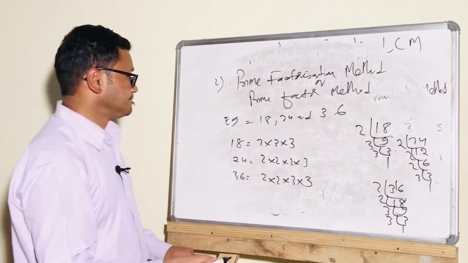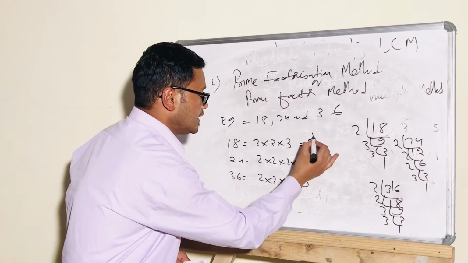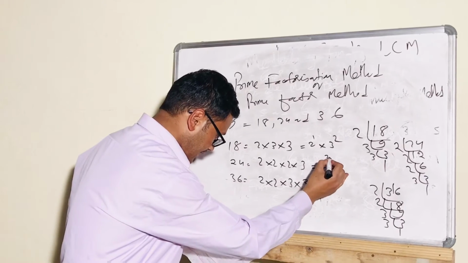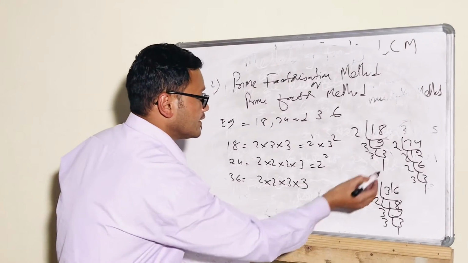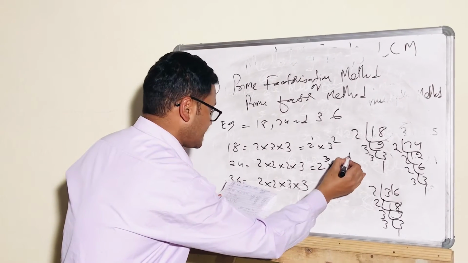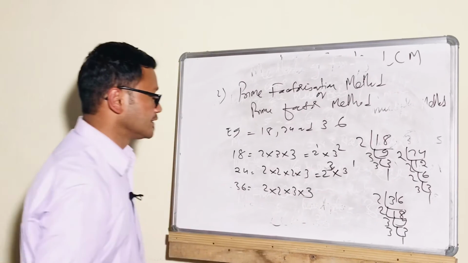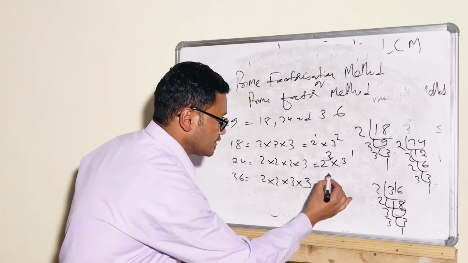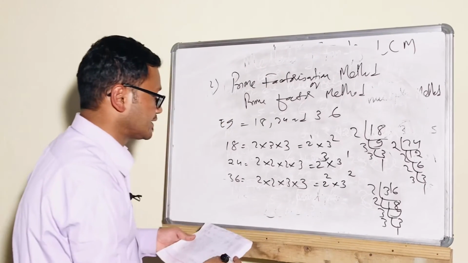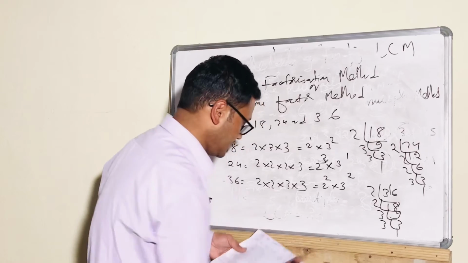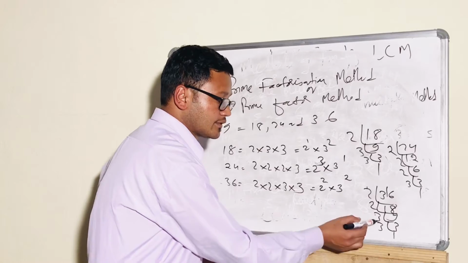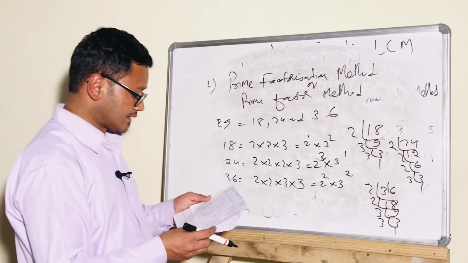Now, 2 one time, then 3 two times. Then 2 is three times, 3 is one time, then 2 is two times, 3 is two times, also for 36. 2 eights are 16, 2 nines are 18, then 36.